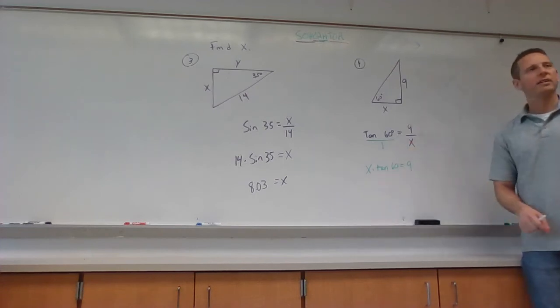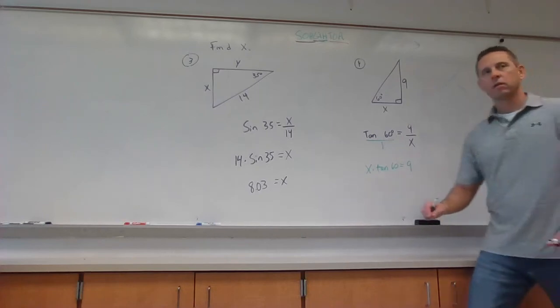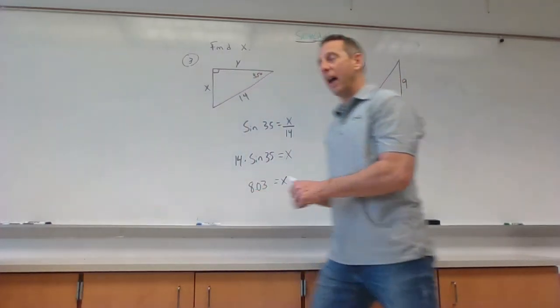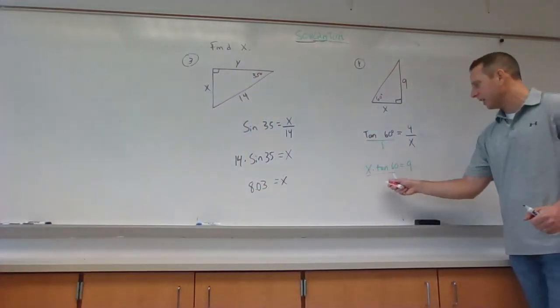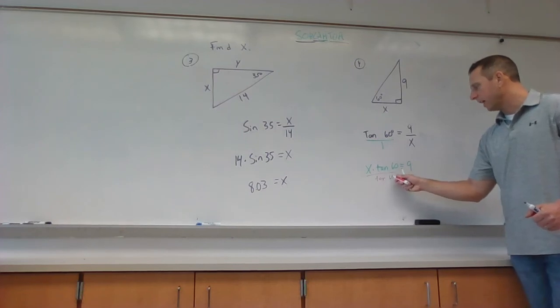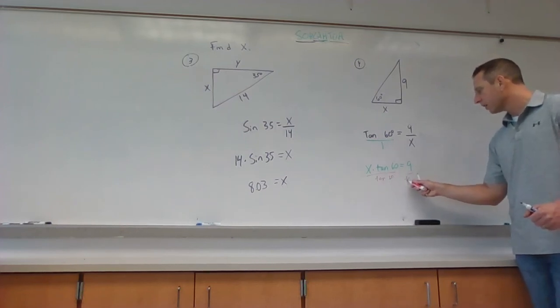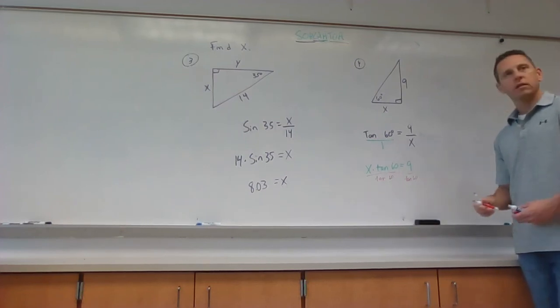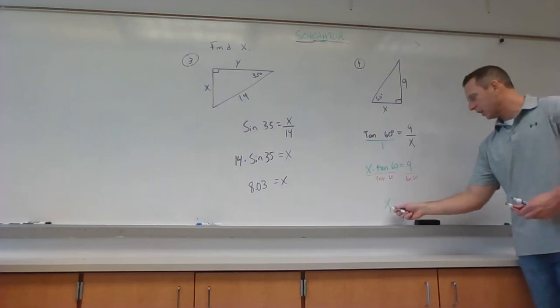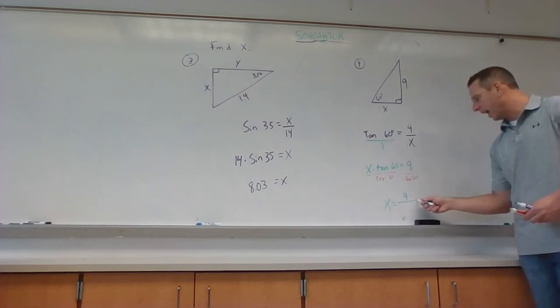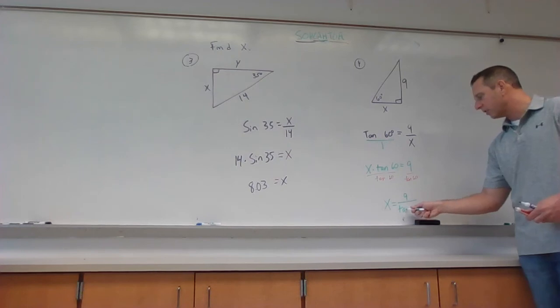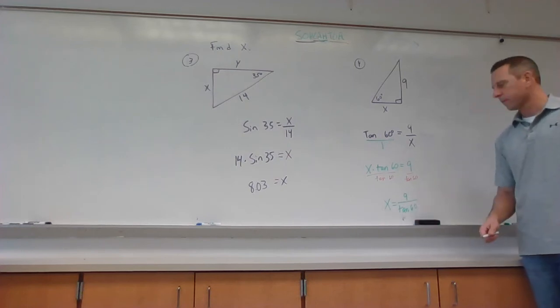Now, how do you get x by itself? Divide both sides by tangent 60. And we're going to get x equals 9 divided by tangent of 60.